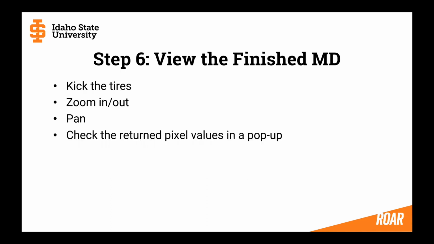Step 6, view the finished Mosaic data set. Kick the tires, zoom in, zoom out, pan around, check the return pixel values in a pop-up. This is important stuff to make sure that the Mosaic data set is really working correctly. And when I say zoom in and zoom out, I mean really, really zoom in to about a representative fraction of 1 to 1,000, maybe 1 to 500 or so.